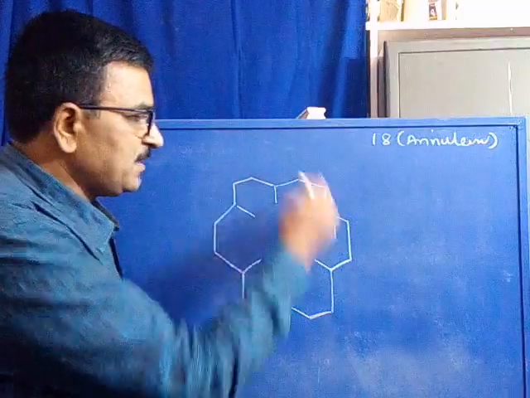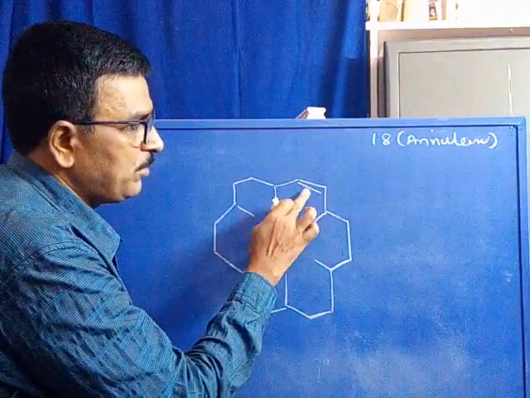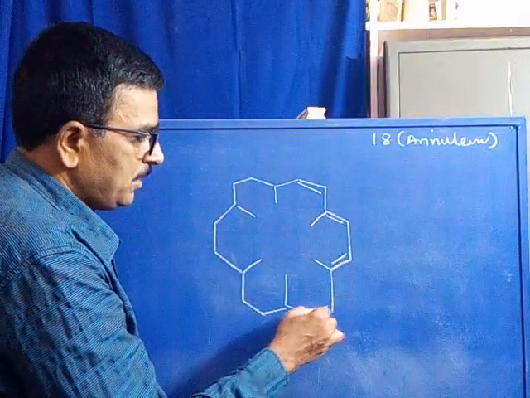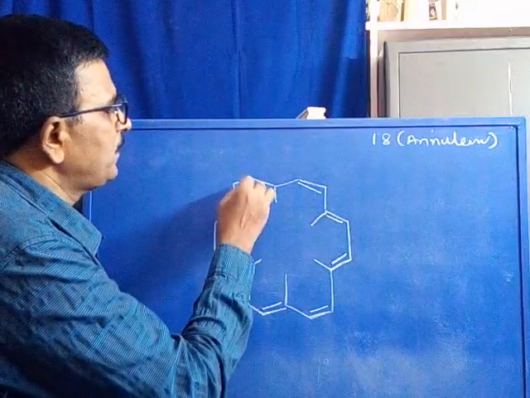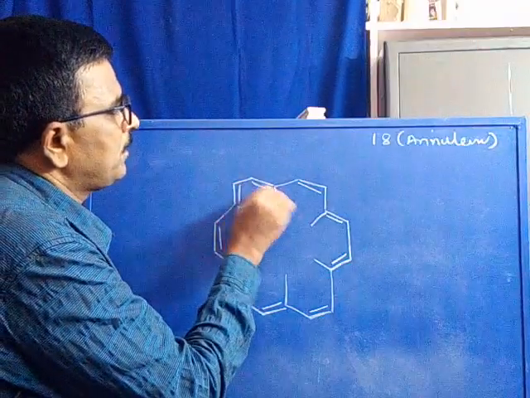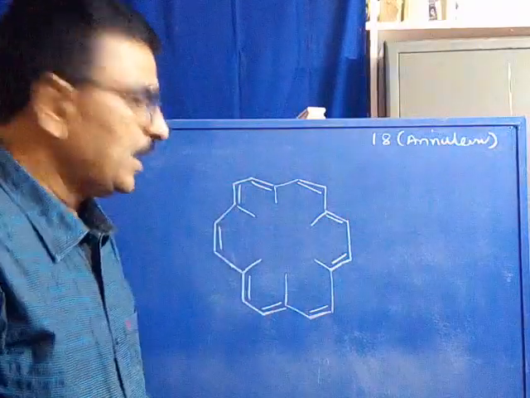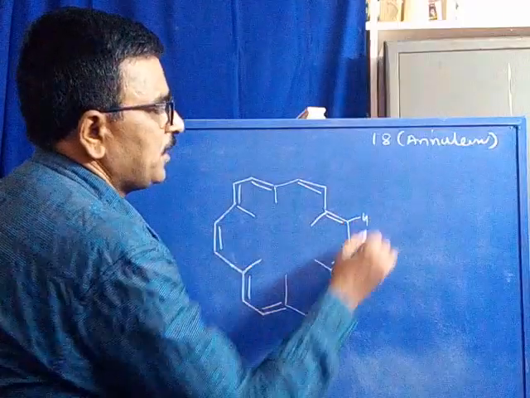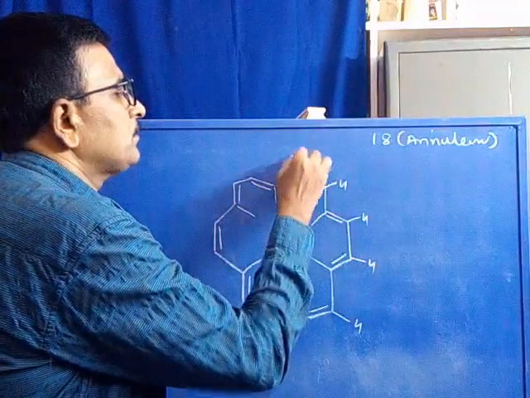Now it is a cyclic structure consisting of alternating double and single bonds, and every carbon is attached to one hydrogen.